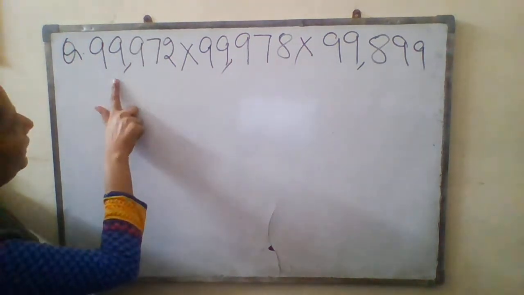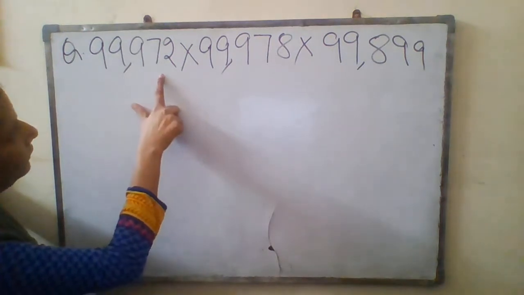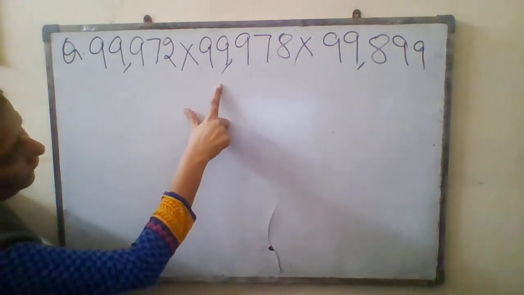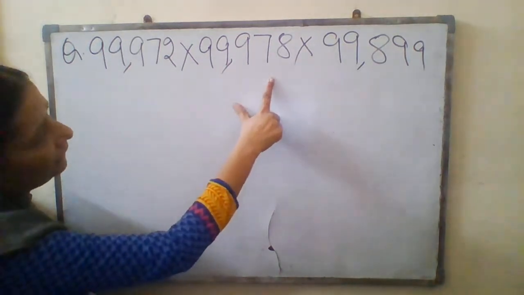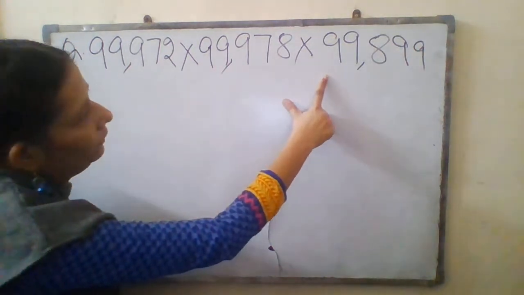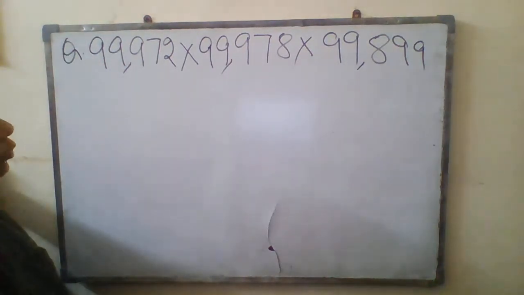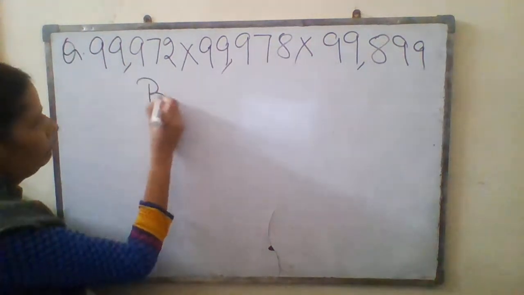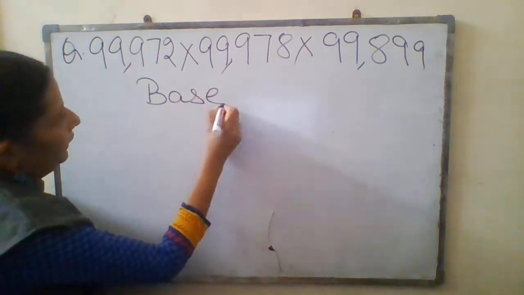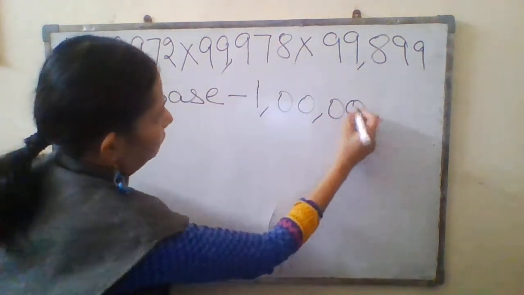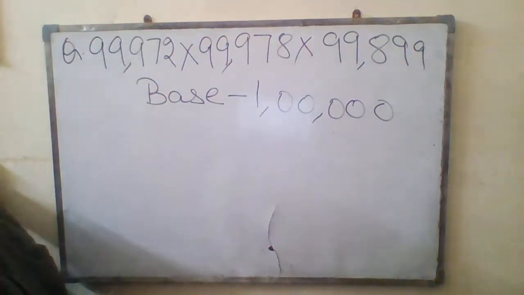This is 99,972 multiplied by 99,978 multiplied by 99,899. Now what is the base here? The base here is 1 lakh.